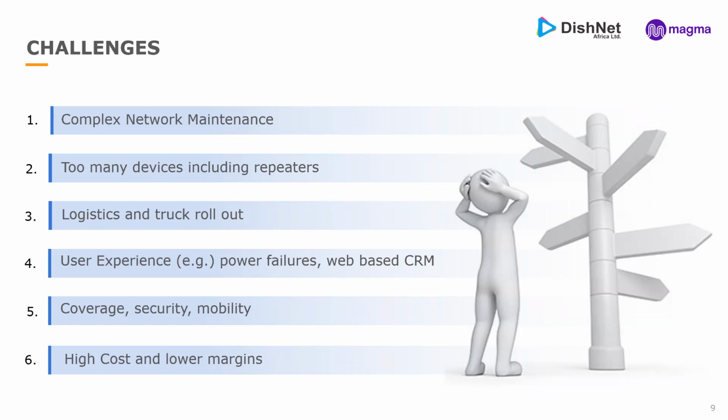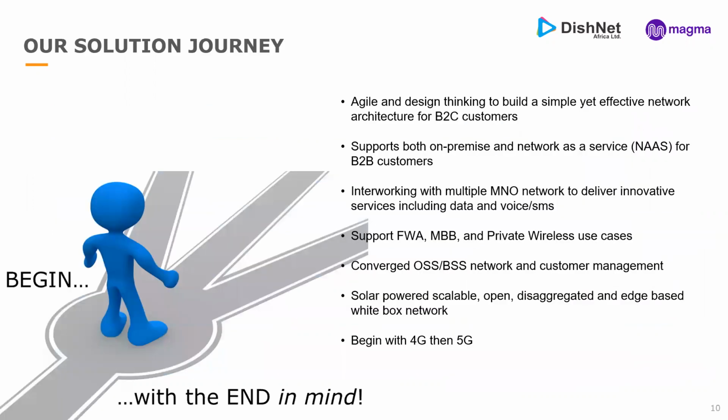This made us realize we have to be innovative and go with innovative solutions. So we did research and learned that with Magma, we can build a network which is cost effective and can be expanded horizontally, vertically, and in many ways. As mentioned, begin with the end in mind.